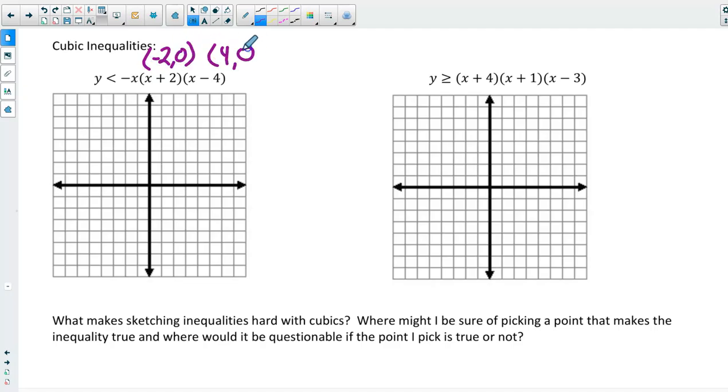There's one more. 0, 0. This one right here. Alright, so I got 3 zeros.